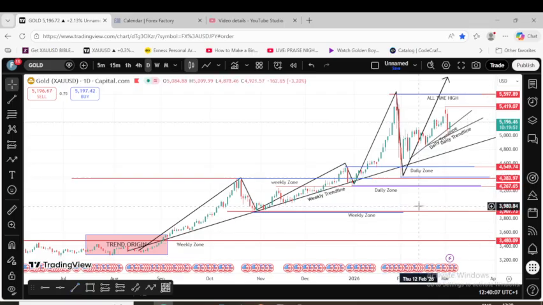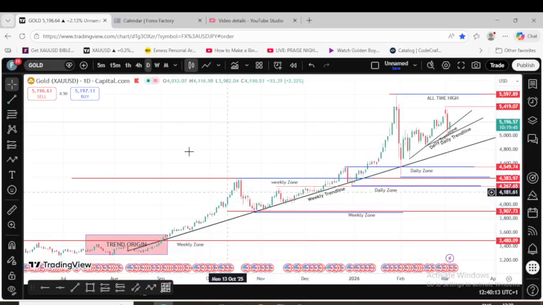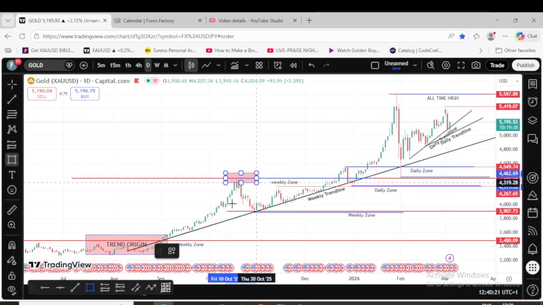Okay, so let's delete this. Price is currently in the middle of an impulsive move.